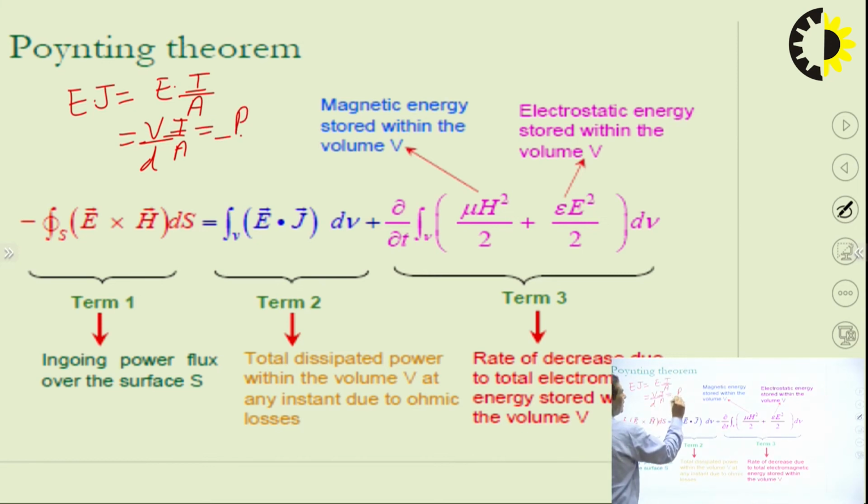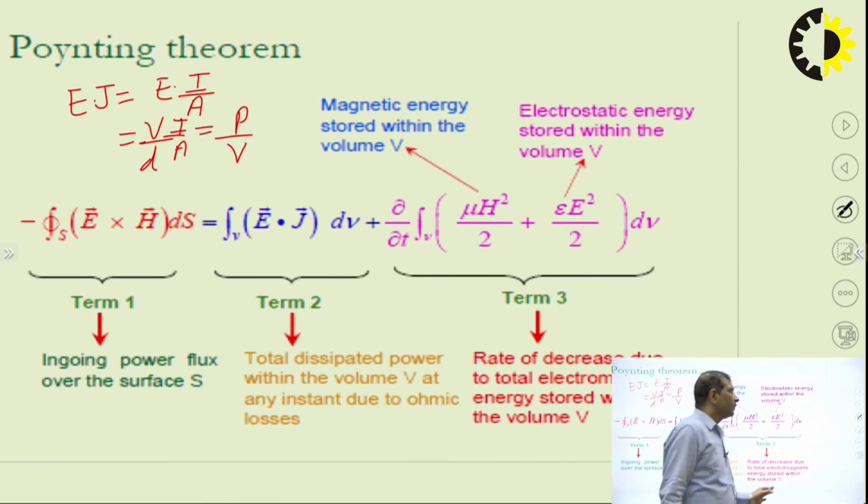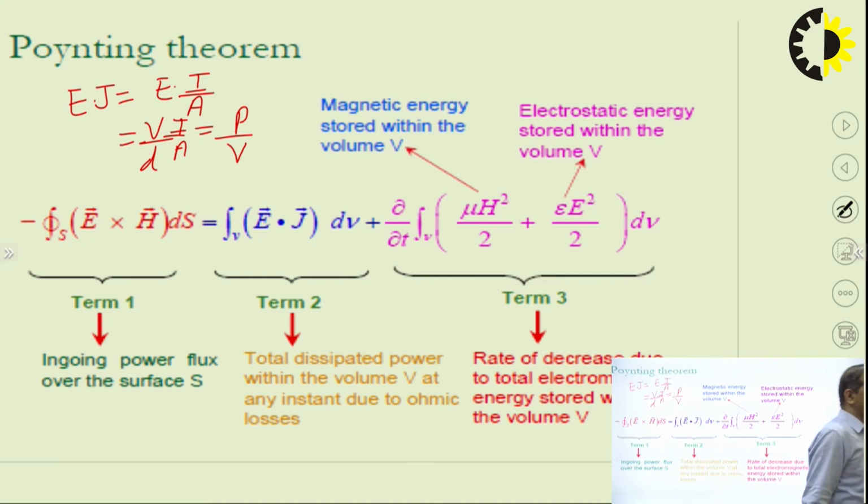So power per unit volume. The total dissipated power per unit volume, and in integral form this will represent the total power dissipated within the volume V. So this is the mathematical significance of the different terms introduced in this derivation of the Poynting theorem.